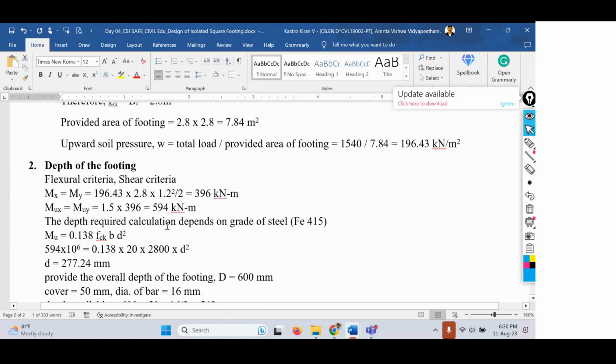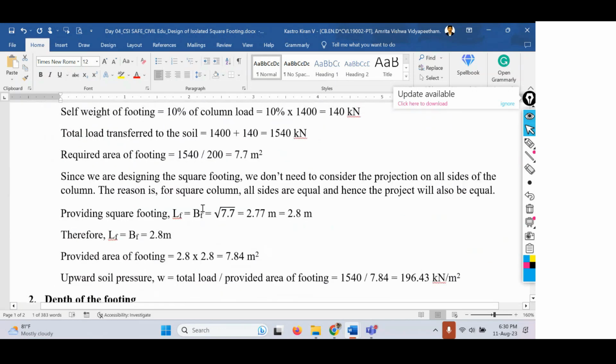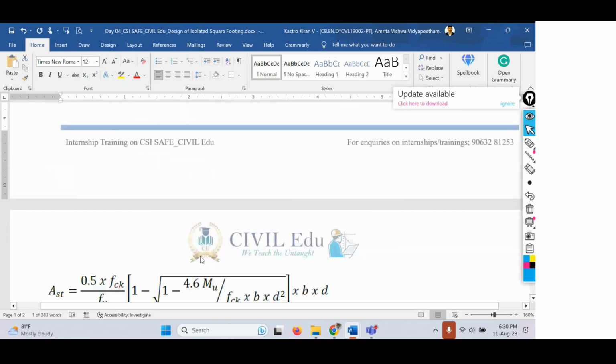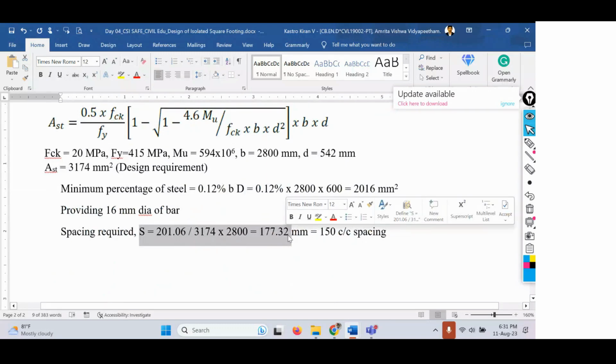For the dimensions of the footing, be it square or rectangular, we have to increase. Here we got 2.77 and we increased it, because the larger the area, the more effective the pressure distribution. Similarly, the smaller the spacing, the more effective the pressure distribution.